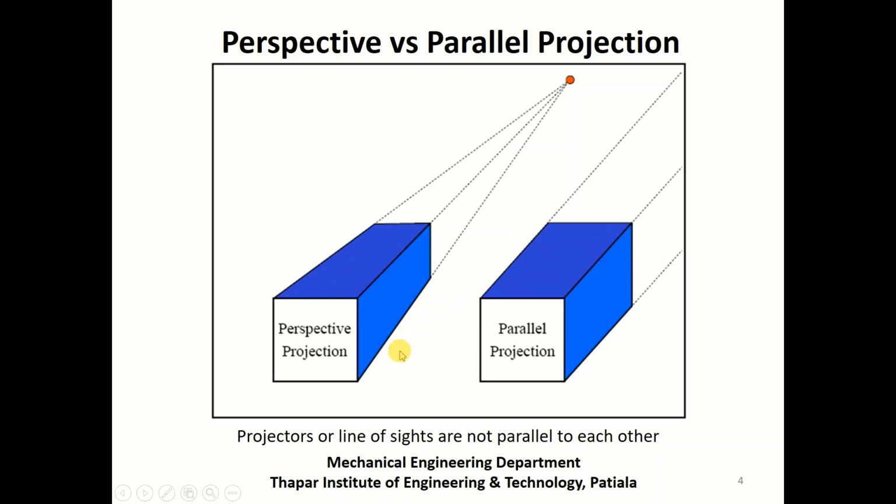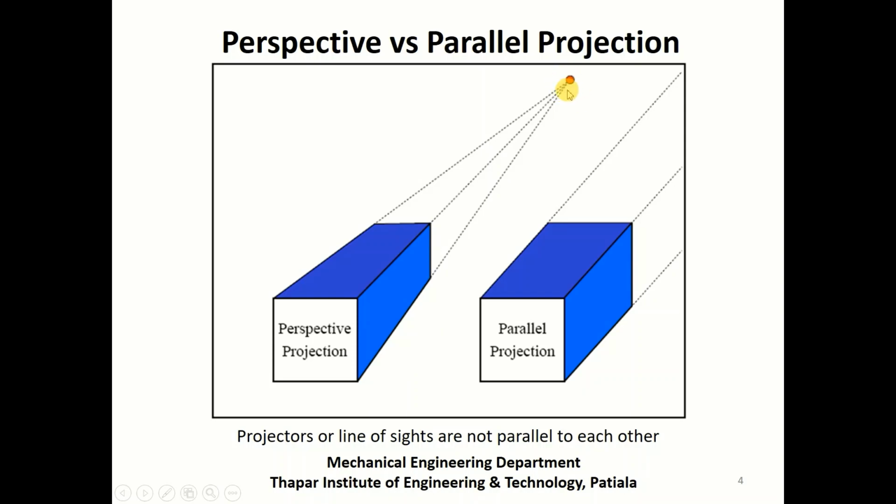Whereas in the case of perspective projection, you can see the horizontal lines, the width lines and the height lines are parallel to each other, but the edges representing the depth of the object are non-parallel to each other, and thus they appear to merge at one distant point, which in this case is called a vanishing point.